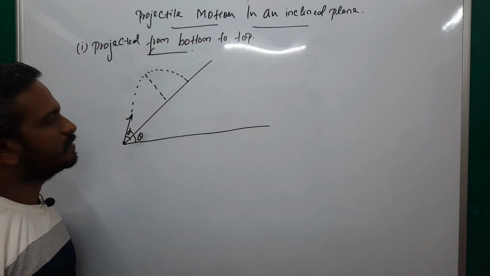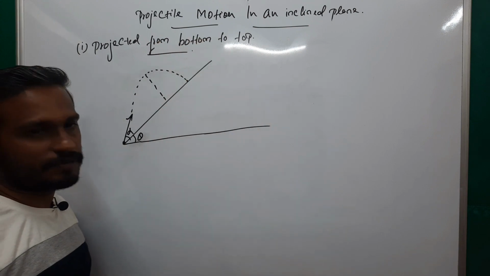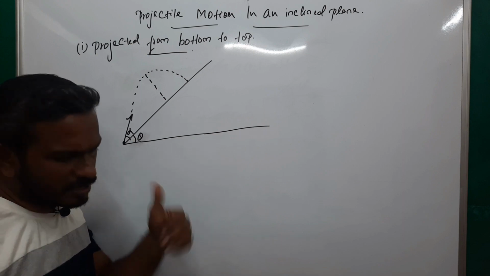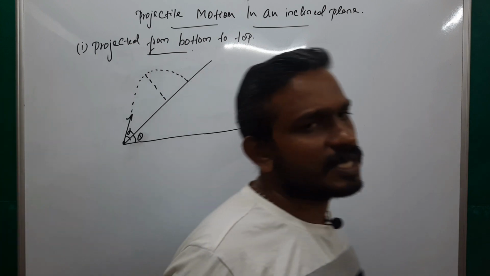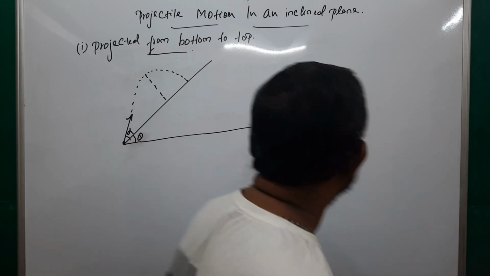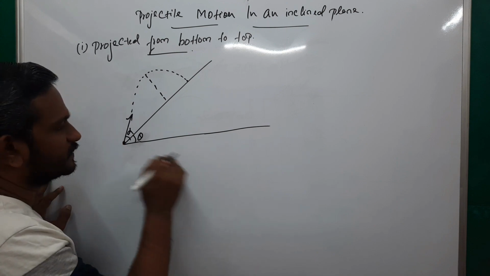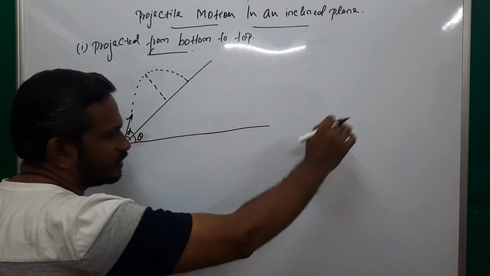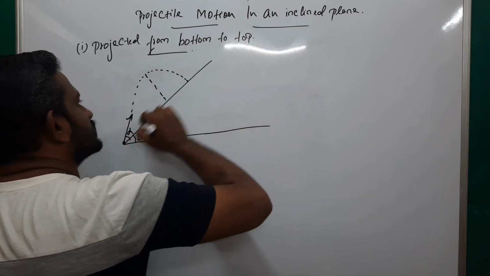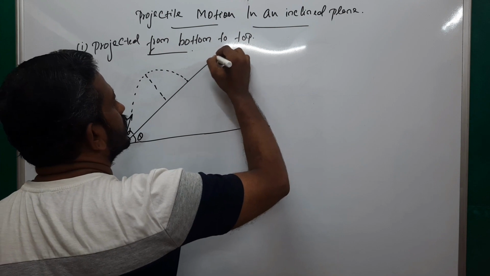We have rotated that plane through a certain angle from the horizontal. So we can also rotate the x-axis and y-axis. If we had the x-axis along the horizontal, now we can imagine the x-axis along the inclined plane.